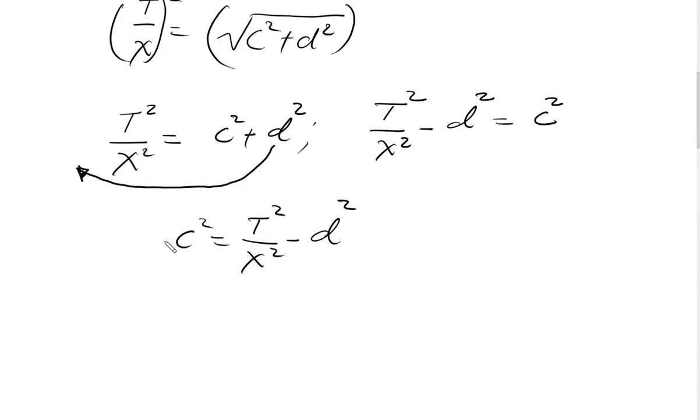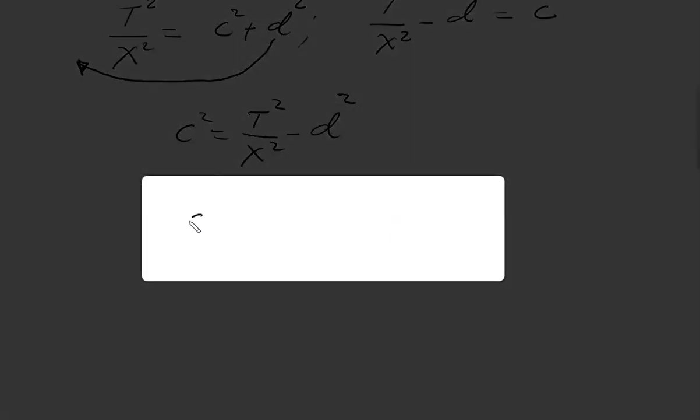Now to remove the square from C, we square root both sides, and then we'll have C equal to plus or minus the square root of T squared divided by x squared minus D squared, and that's the correct answer.